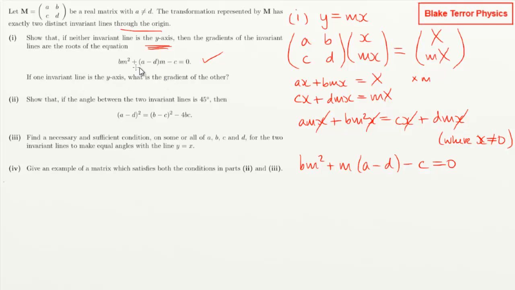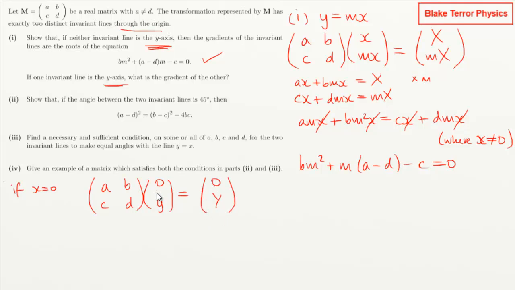So what's going to happen if we include the y-axis as one of the invariant lines? In that case, our x-coordinate is going to be 0. So if x is equal to 0, then we've got the matrix a, b, c, d multiplied by 0 for the x value and just some value for y, but that needs to end up back on the y-axis.